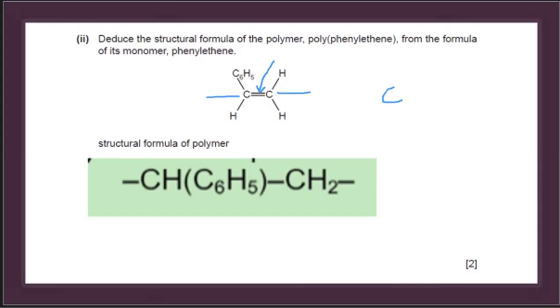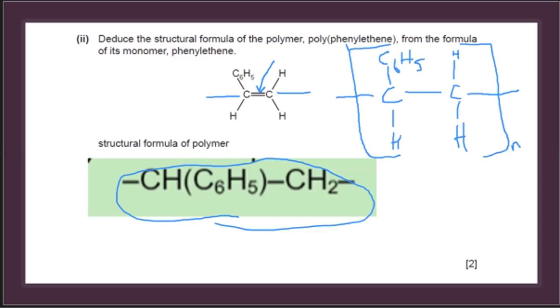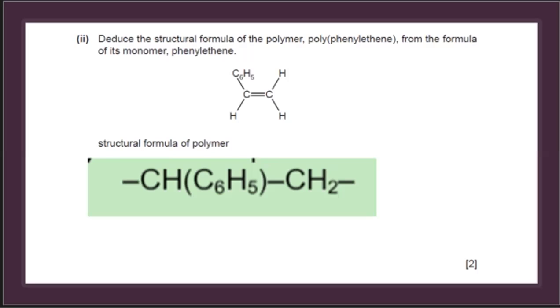So I'll end up with CH, C6H5, single bonded to CH2, and this unit is now going to be repeated for n number of times. All right, which is the same thing that they have here. You could either write it out like this, or you could draw it out as I draw it out. Either way is correct.